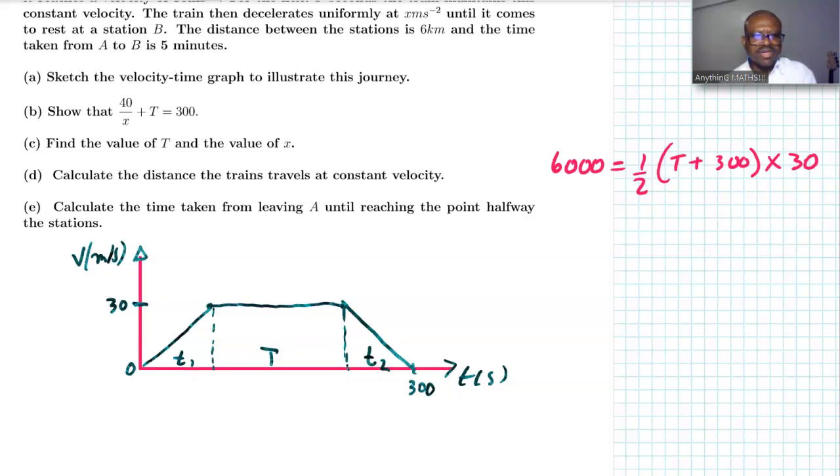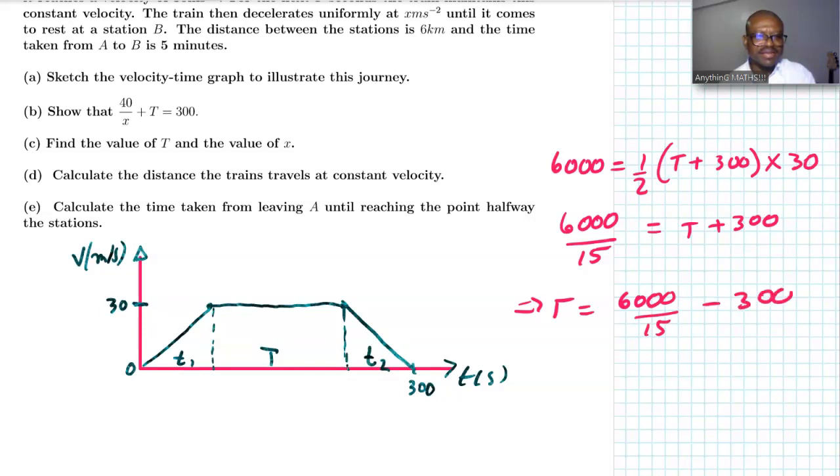It's going to be 6,000 divided by 15 should be equal to T plus 300, and therefore T will be 6,000 over 15 minus 300.